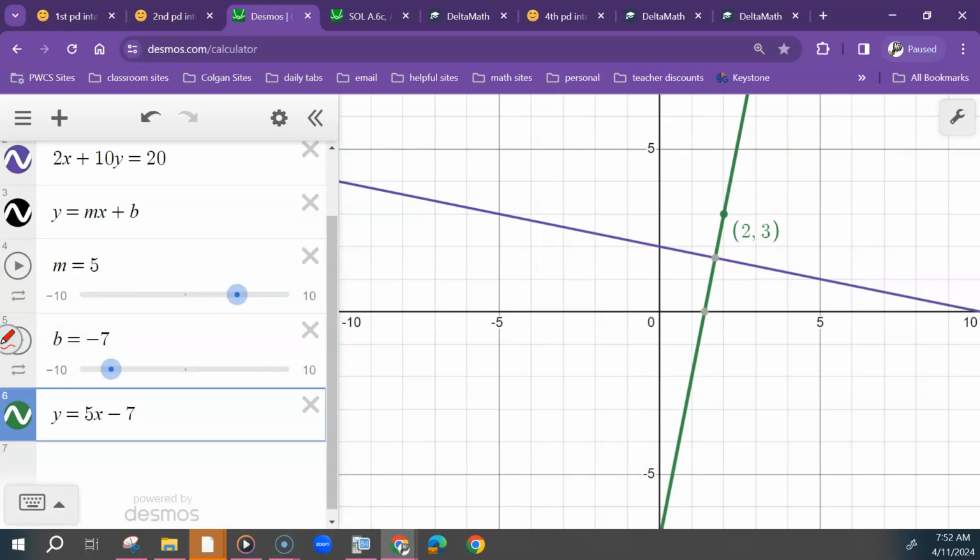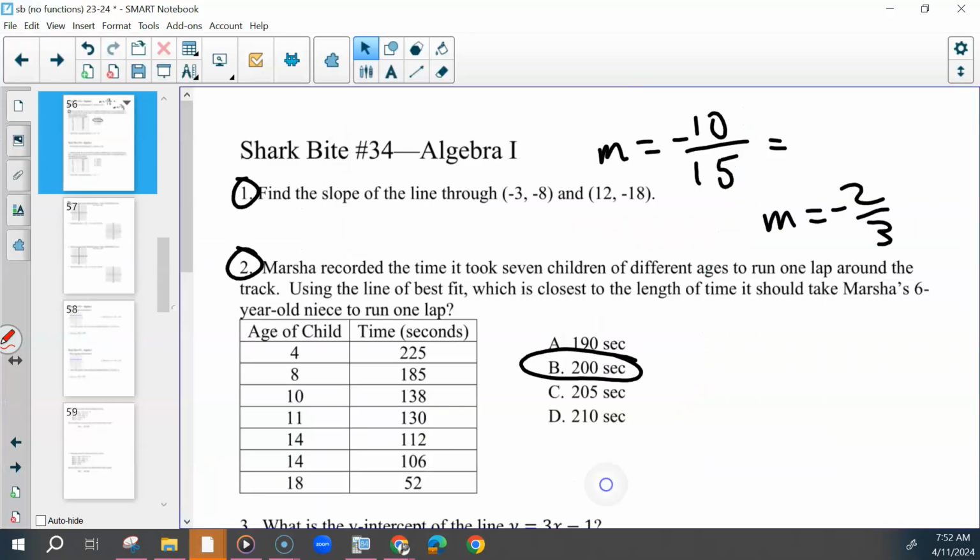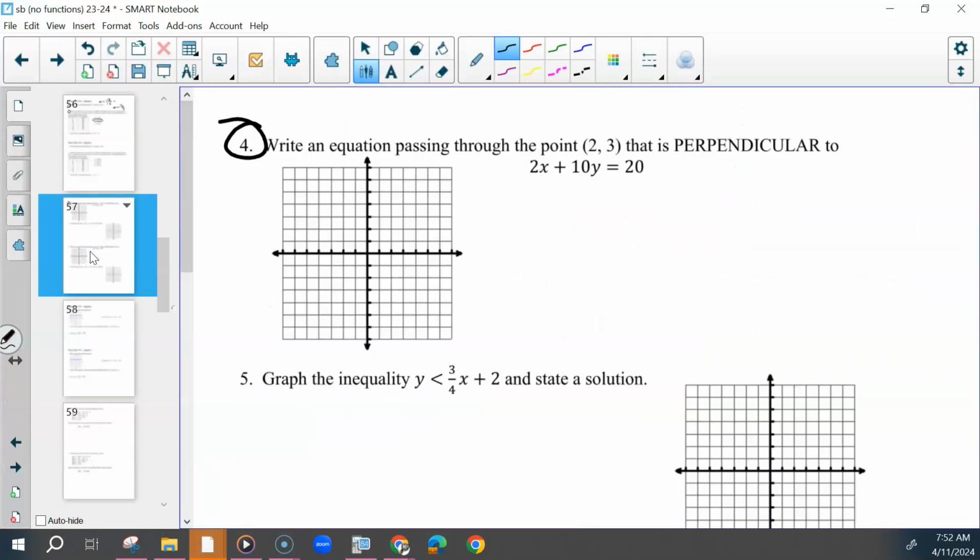You could have also done that on the graph if you either found the slope on Desmos or solved it and found that slope. Any questions on that one?